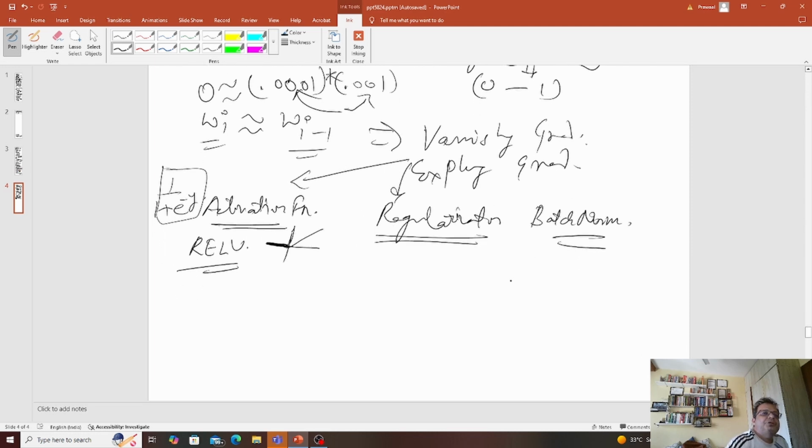Let's suppose you have values like 0.001 and 0.01 and 0.003, etc. You update these values so that the new values are going to be your current values minus the average upon the standard deviation.